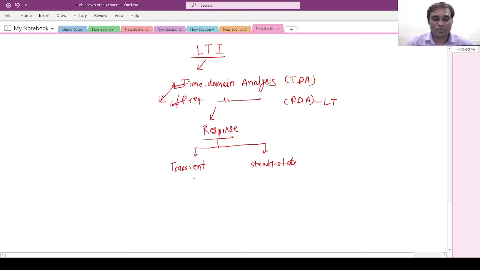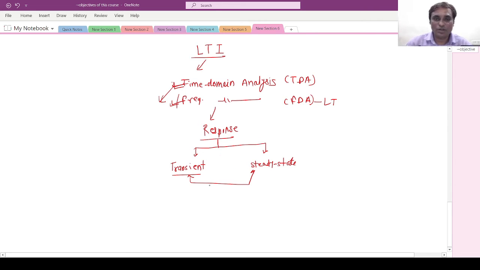What the transient response and the steady state response are, we will study. We have to do this using both time domain analysis as well as frequency domain analysis. Sinusoidal we will get to later on.